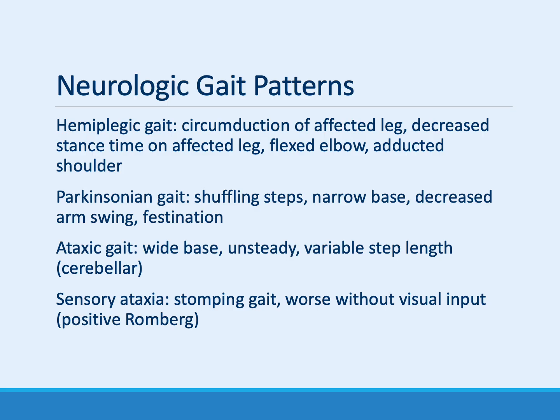We can also see scissoring gait described for spastic cerebral palsy, and things like toe walking due to spastic plantar flexors, whether that's in the cerebral palsy population or the cerebrovascular accident or traumatic brain injury, any of those populations where we can see that kind of presentation.